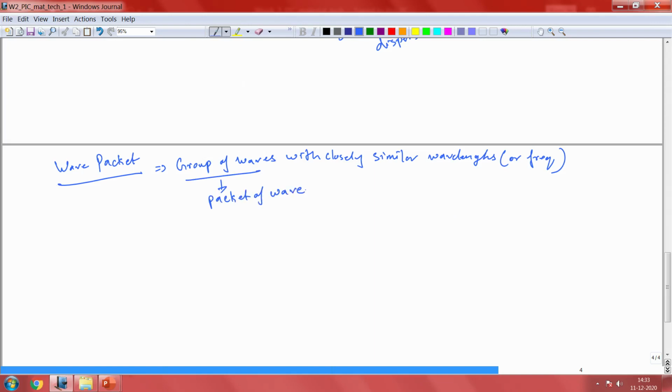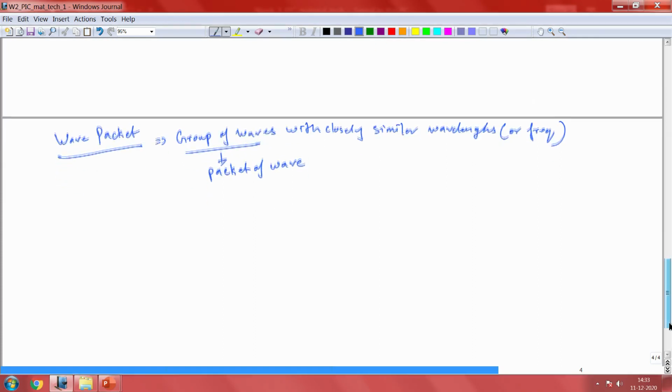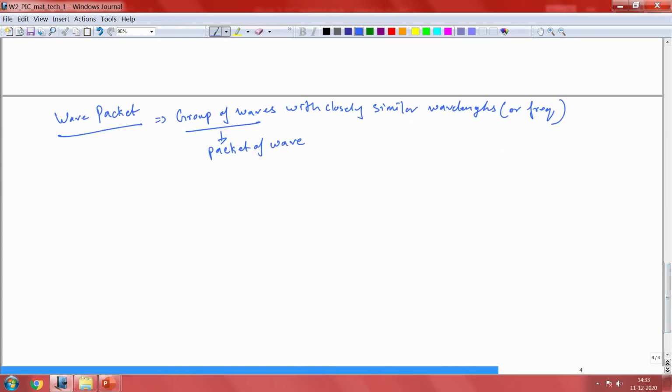So, how would they look? For some of you who might have done signal processing, it looks like an amplitude modulated signal. You will have an envelope and you have the carrier inside this envelope.